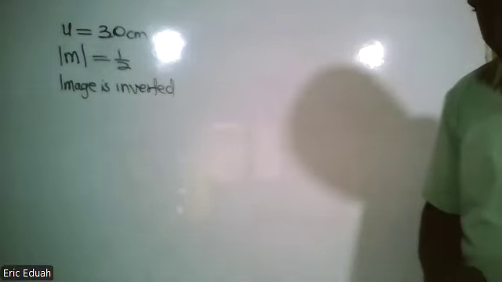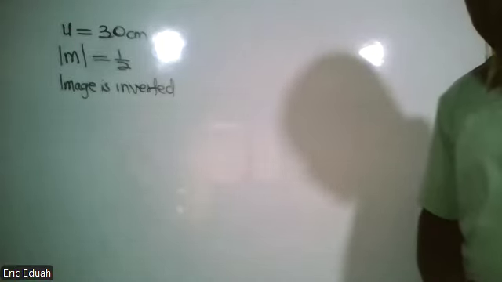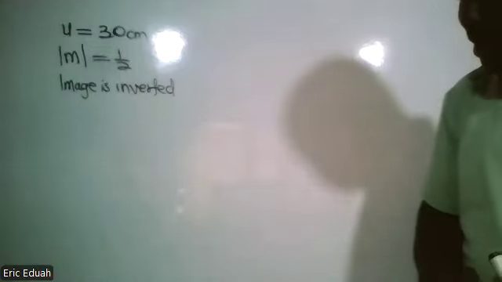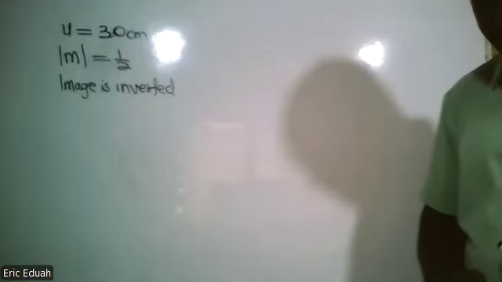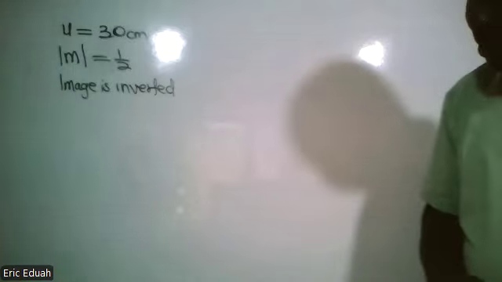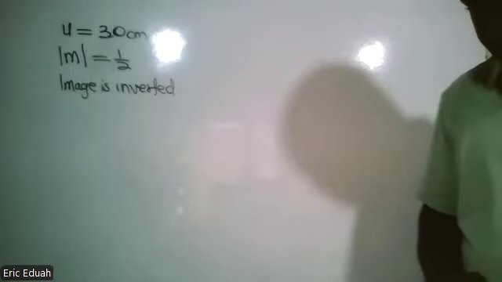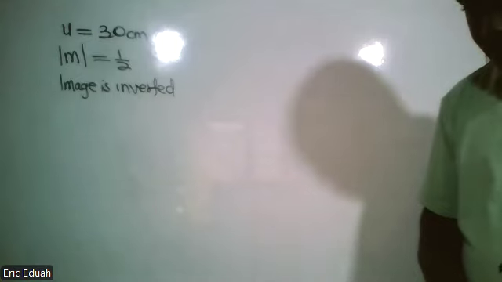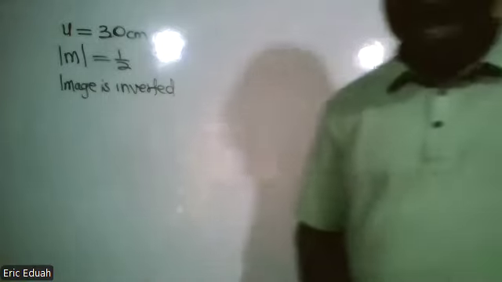A concave mirror. Concave. Why? Because the image is inverted, which means that it is real. And there are two types of mirror. The only type of mirror that can produce a real image is the concave mirror.